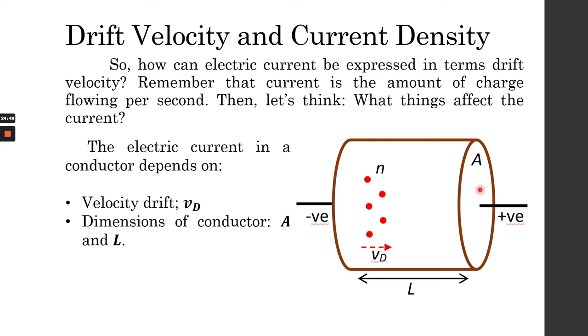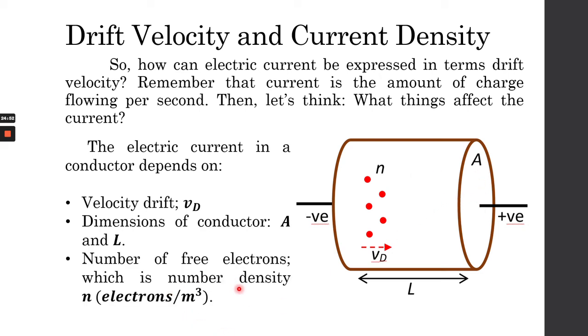And lastly, the number of free electrons, which is the number density, we usually denote with the letter N. It's not actually a unit, but basically number density is electrons per unit volume, so electrons per meter cubed.